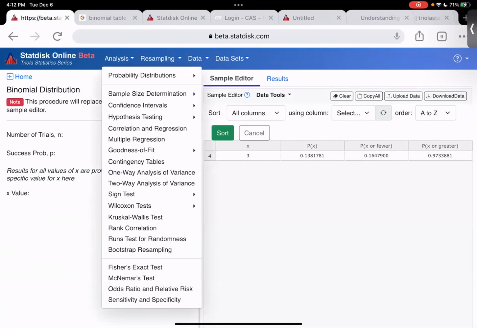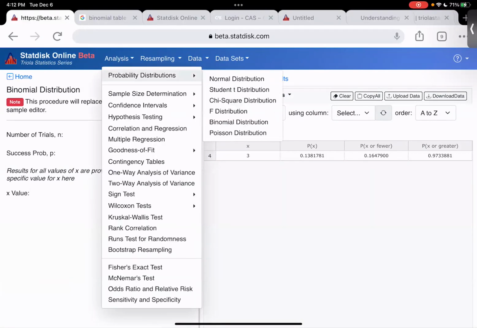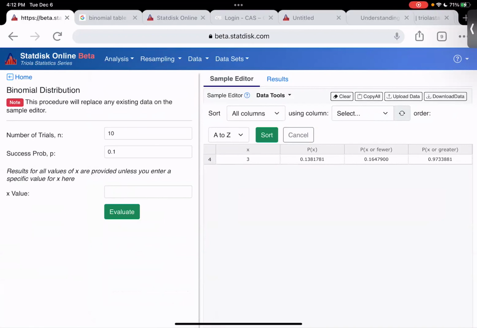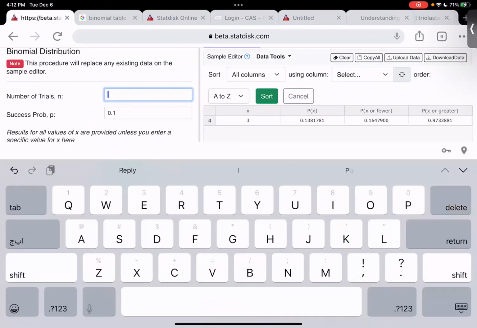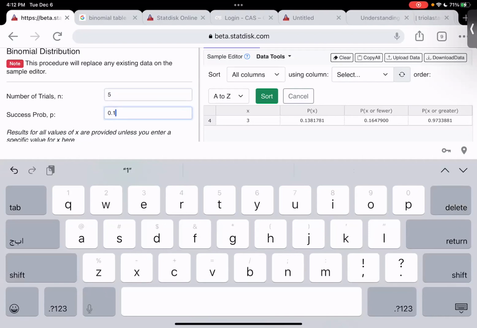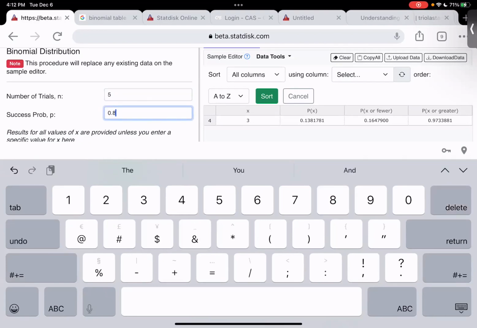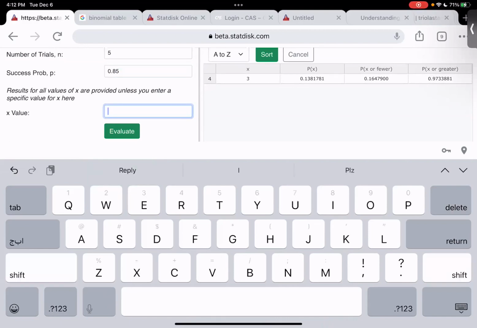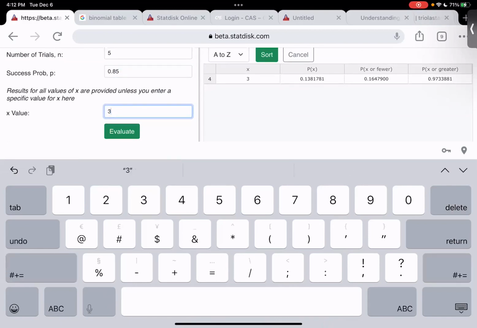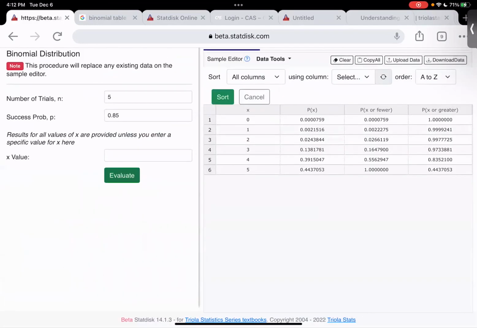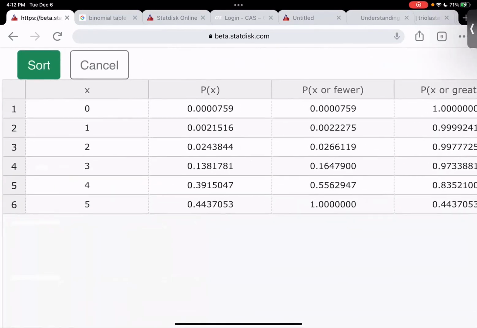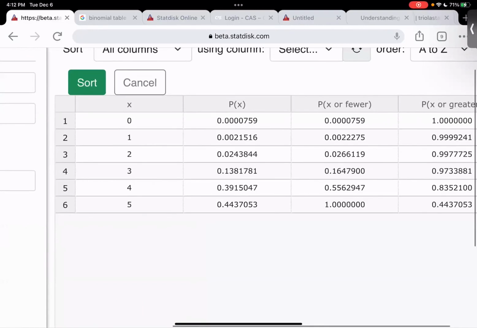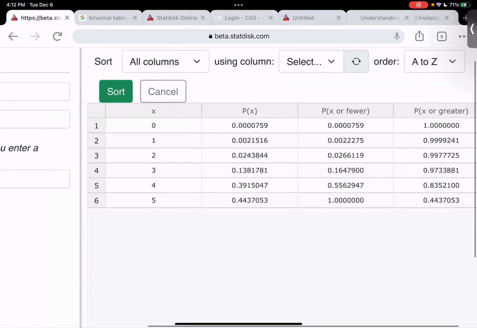Again: analysis, probability distribution, binomial, then the number of trials equal to 5, probability of success 0.85, and then the value of X equal to 3. But if you don't put 3, they just give you every single value here, so this is the probability of X equal to 0, 1, 2, 3 up to 5.